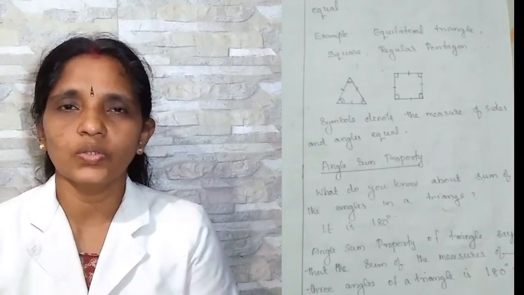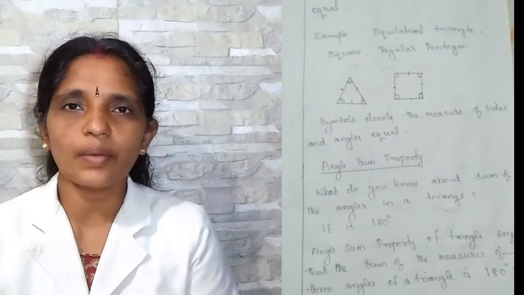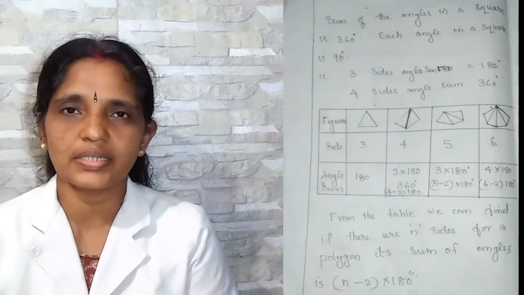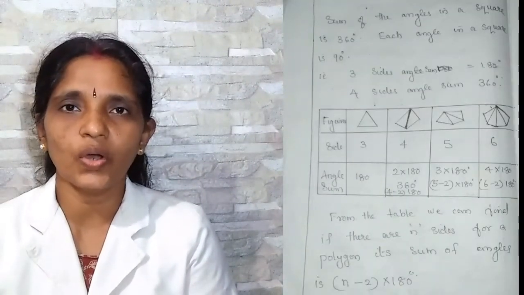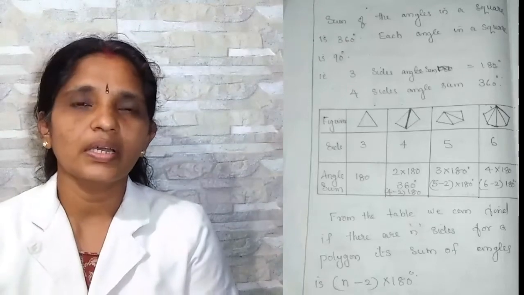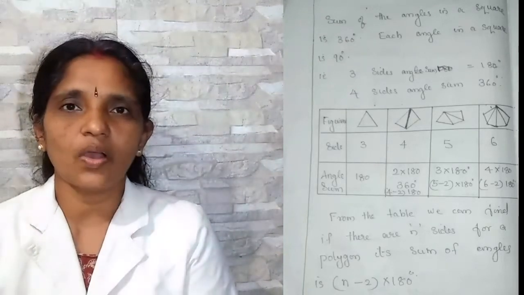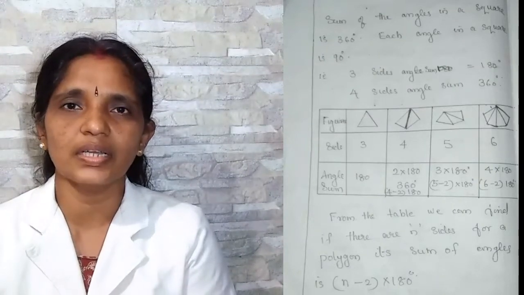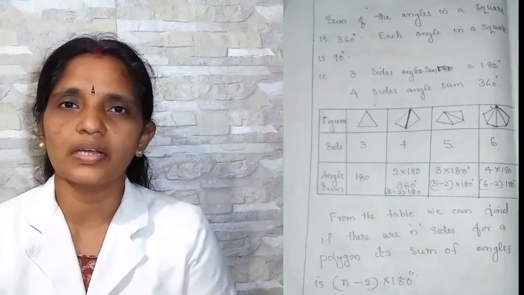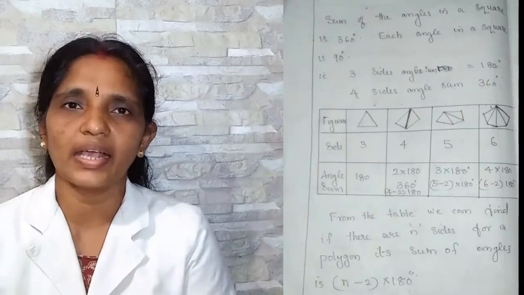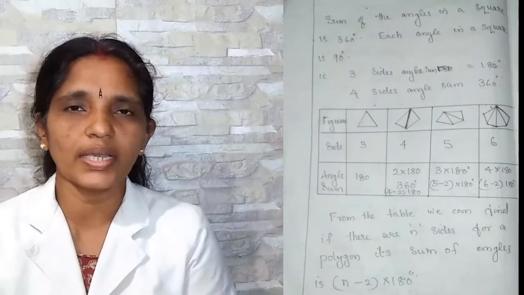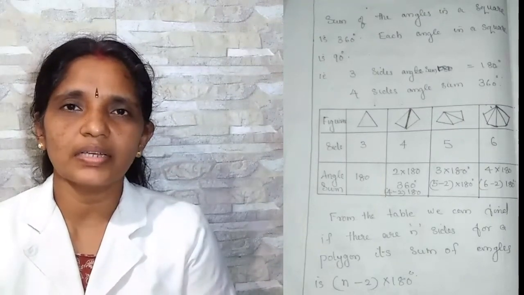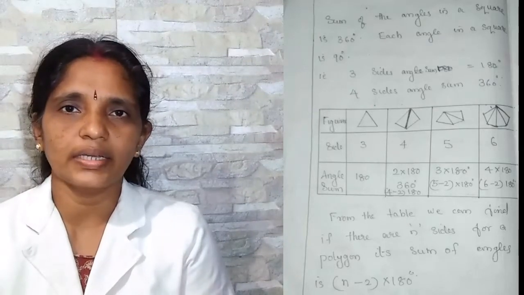Then we go through the angle sum property of polygons. Before that, we should remember the angle sum property of a triangle that you have studied. Angle sum property of a triangle says that the sum of the angles in a triangle is 180 degrees.